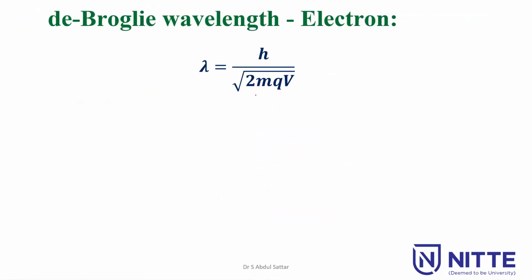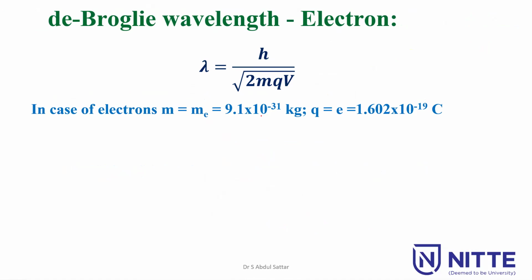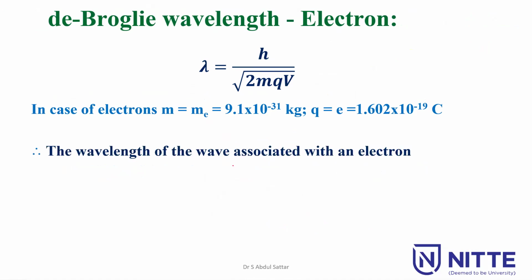Take the h value as 6.625 into 10 power minus 34, mass of the electron as 9.1 into 10 power minus 31 kg, and charge of the electron as 1.602 into 10 power minus 19 coulombs.